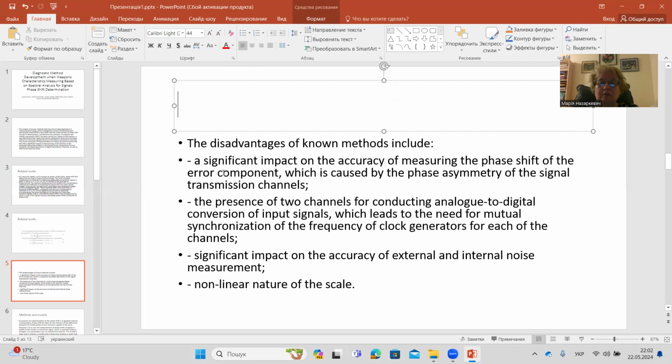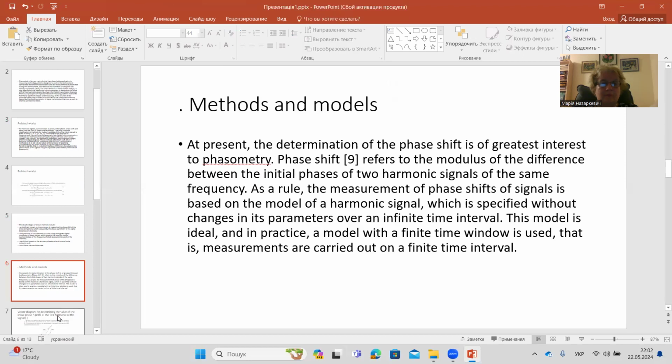A significant impact on accuracy comes from external and internal noise, and the non-linear nature of the scale.